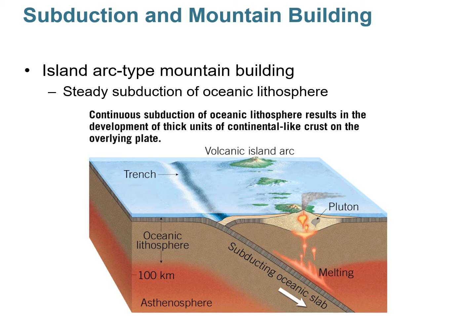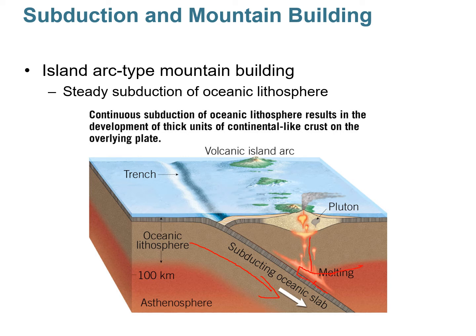So the first type of mountain building is associated with subduction. And remember, a subduction zone is a convergent plate boundary. Here you have steady subduction of ocean lithosphere, right? Here's a downgoing ocean plate. It dewaters and creates melts in the asthenospheric mantle.